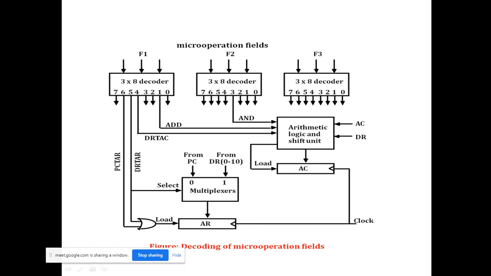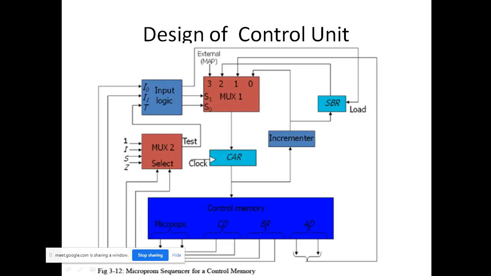To generate F1, F2 and F3, compulsorily we require these 3x decoder circuits for generation of the control signals. And this one is the design of the control unit.